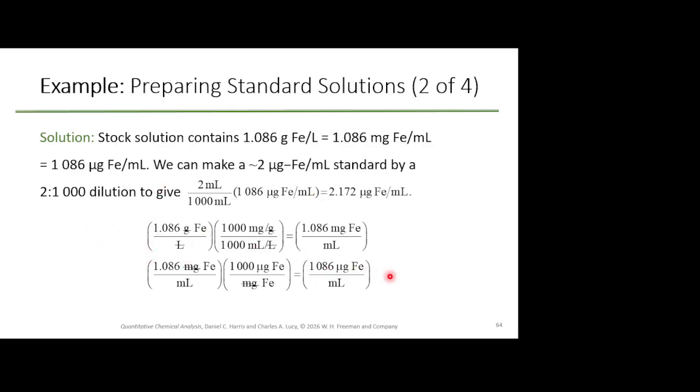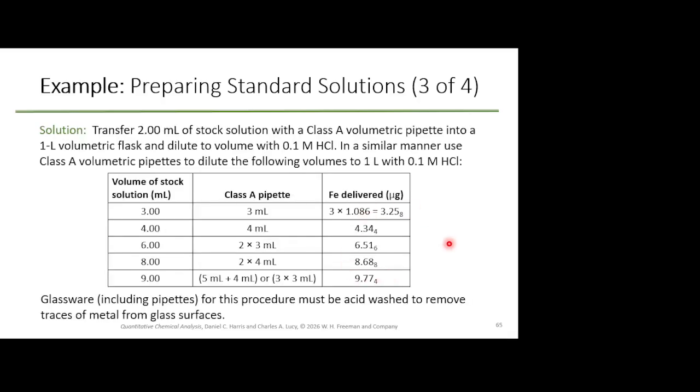And so we just need to go through and do that for each of these, don't we? So to get the 3 of stock solution, we take 3 milliliters. You would want to use something like a Class A pipette, right? And then we would deliver 3.258 micrograms to that 1 liter solution, won't we? And we just go through and do that for each one.